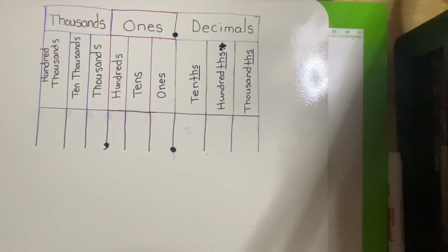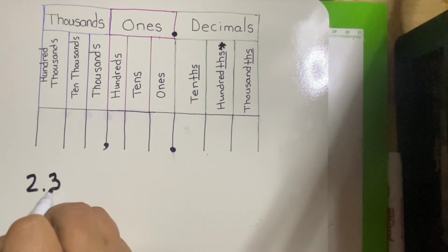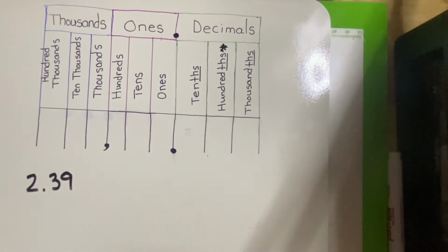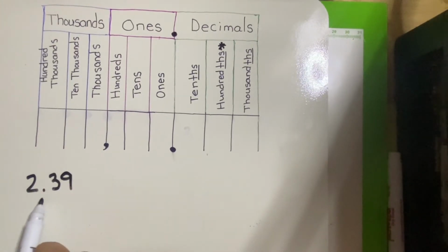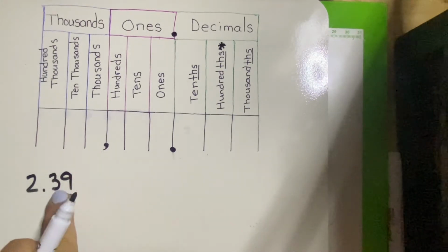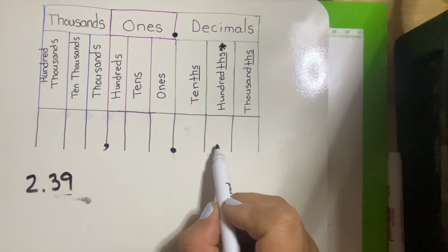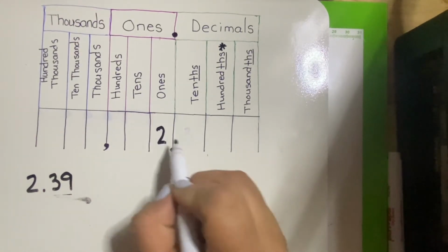So let's look at the number 2.39. I would read that as 2 and 39 hundredths. This 9 digit is in the hundredths spot.